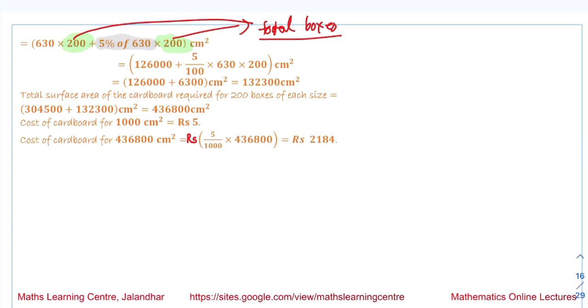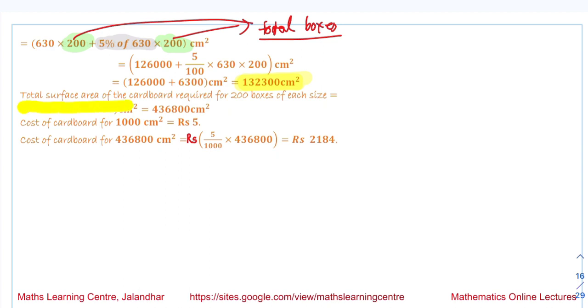So in this case the area comes out to be 132,300 centimeter square. So of the two areas we obtained, one is 304500 centimeter square, the area of the cardboard required to make the larger boxes. This is the area required to make the smaller boxes.